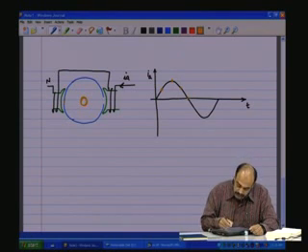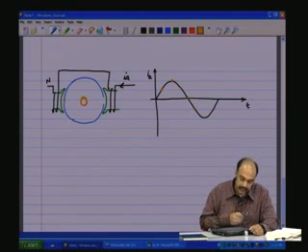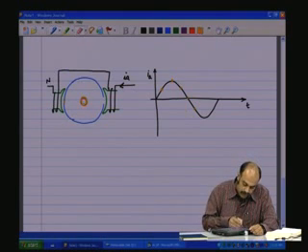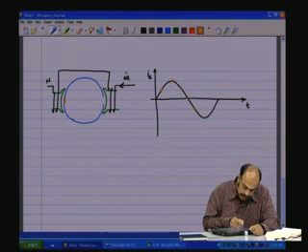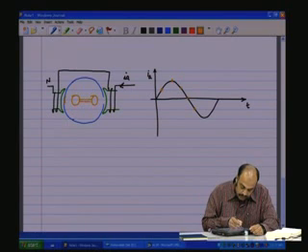And then further when the current starts going negative, the dumbbell reverses polarity. That is, you will have a dumbbell which is half the size. Now this is south and this is north. Note the change in polarity.